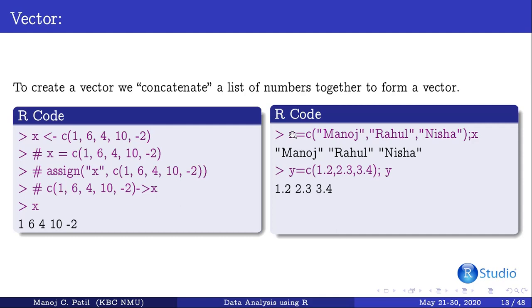You can also use 1.2, 2.3, 3.4 likewise as float or numeric type of variables stored in a vector. z is equal to c(2 plus 3i, 1 plus 2i). These are complex numbers, 3 complex numbers stored in a vector z. Okay, and we can also use the Boolean data type, true or false.